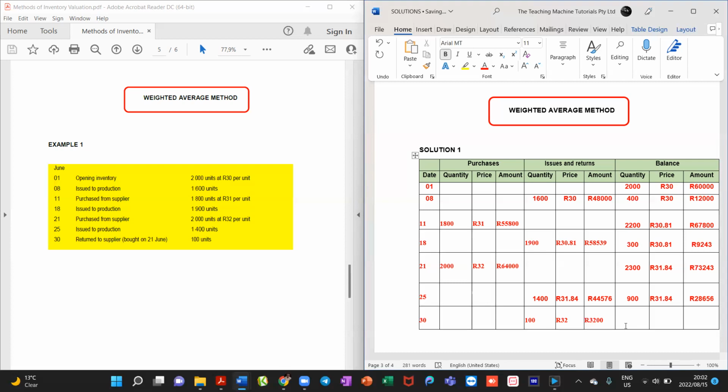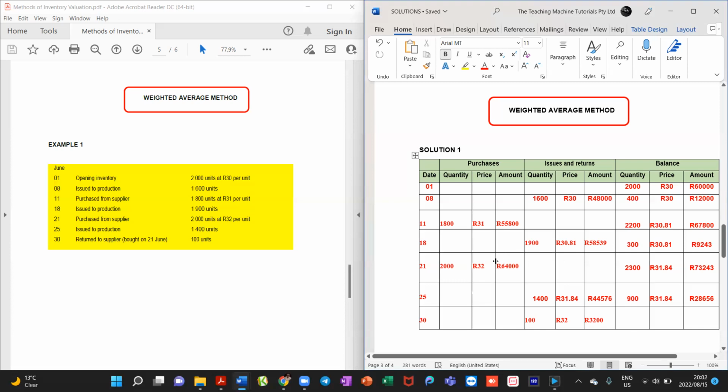I said that whenever there's 2 prices, you need to work out an average price. So we have 2 prices. We do not know which one to choose between 31.84 or 32. So we will apply the 3 steps. Because these are issued and they are not purchases, we will minus.